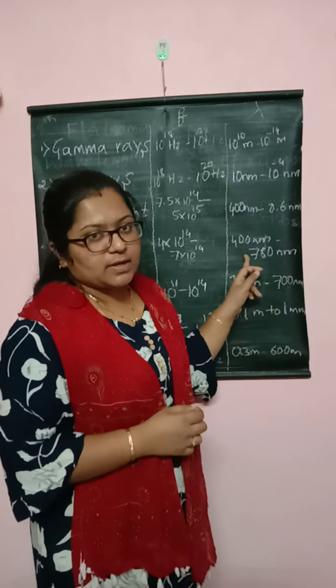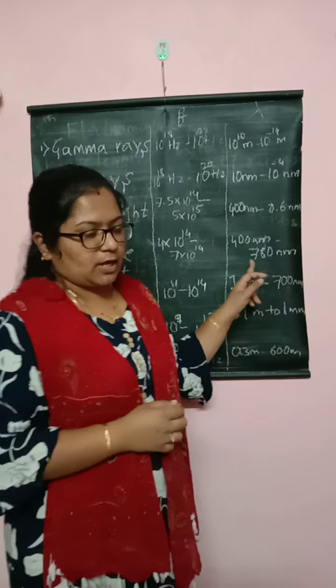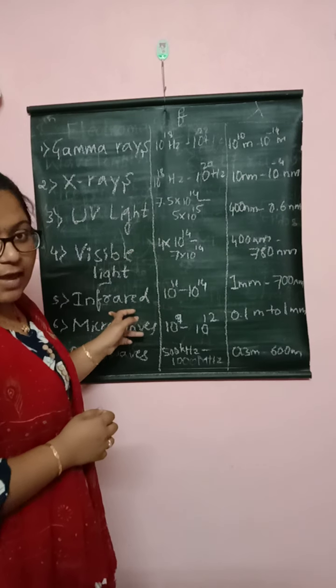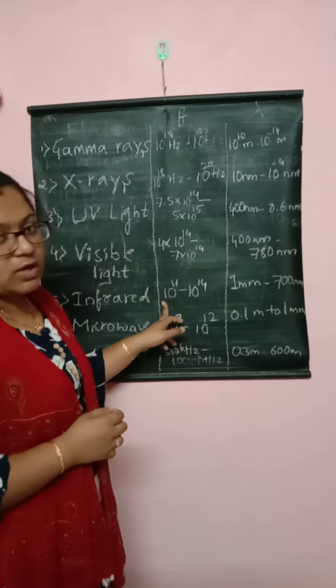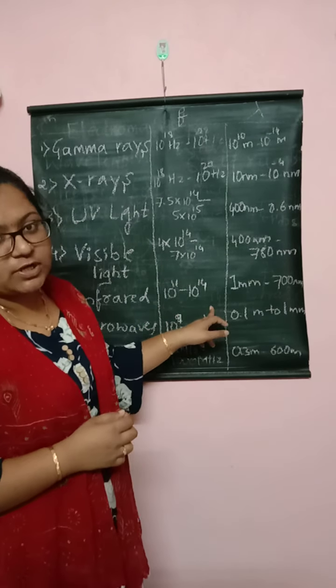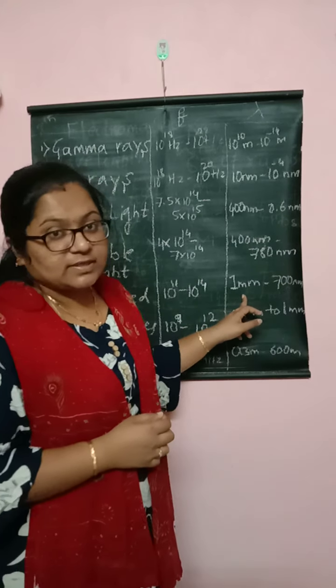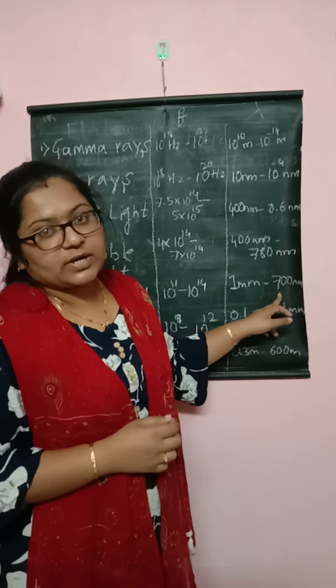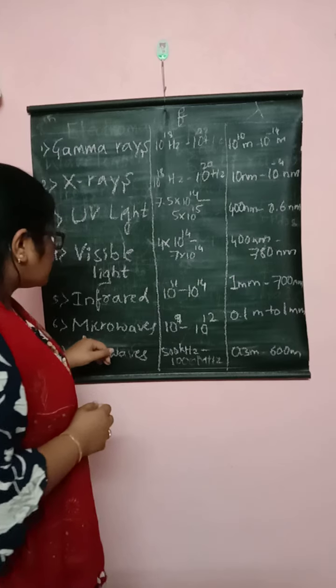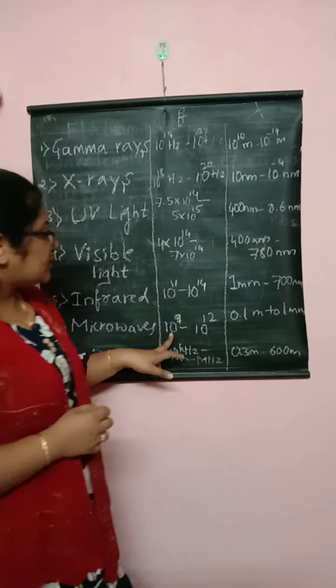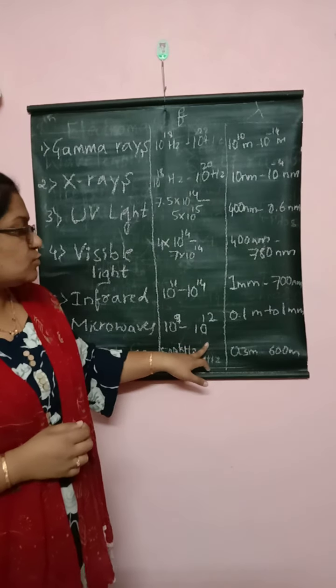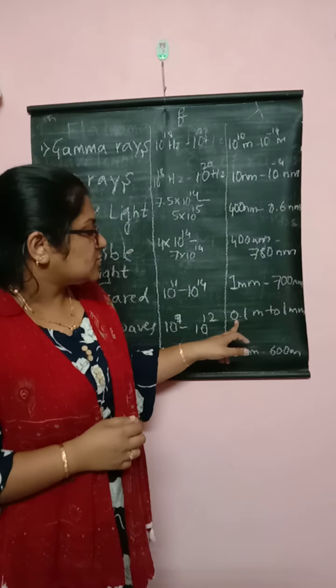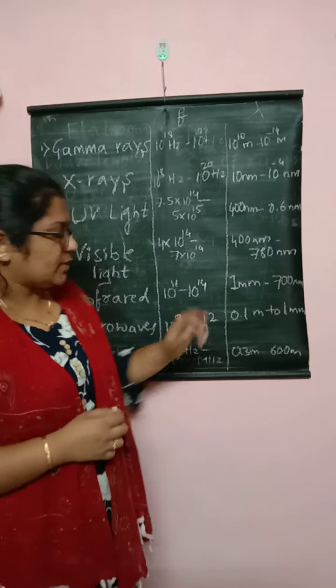Visible light 4 into 10 raised to 14 hertz to 7 into 10 raised to 14 hertz, and the wavelength is 400 nanometer to 780 nanometer. Infrared rays have a frequency 10 raised to 11 hertz to 10 raised to 14 hertz, and wavelength 1 millimeter to 700 nanometer. And microwaves have a frequency 10 raised to 9 hertz to 10 raised to 12 hertz, and wavelength 0.1 meter to 1 millimeter.